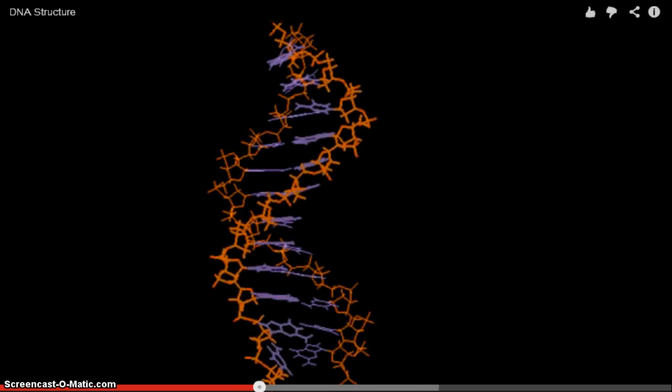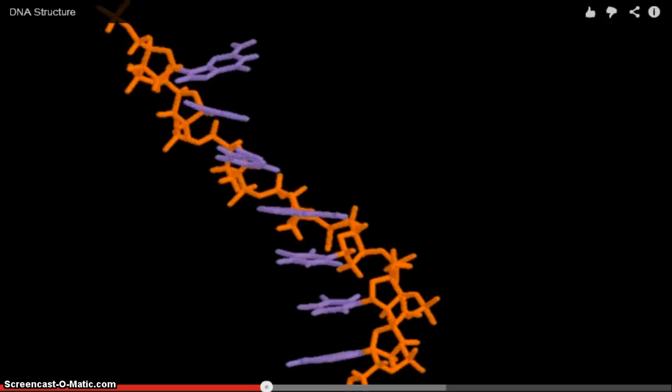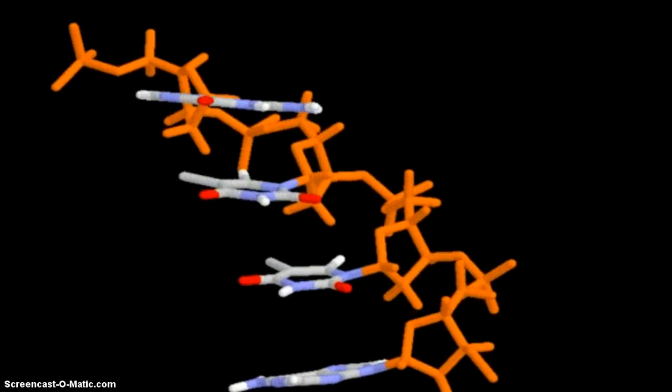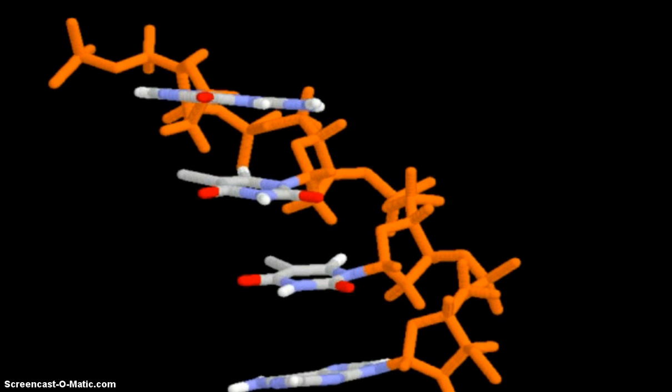A cyclic base is attached to each sugar. The bases are planar and extend out perpendicular to the path of the backbone. Pyrimidine bases are composed of 1 ring, and purine bases of 2 rings. Adjacent bases are aligned so that their planar rings stack on top of one another.